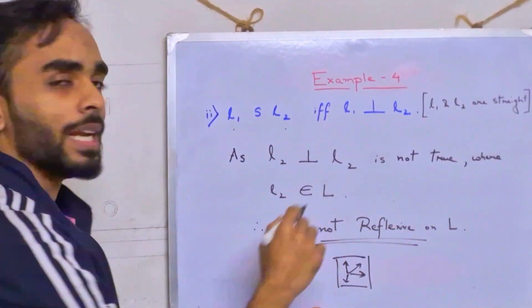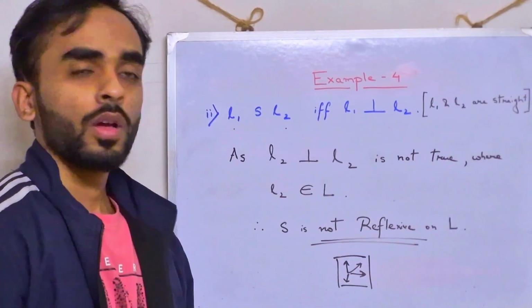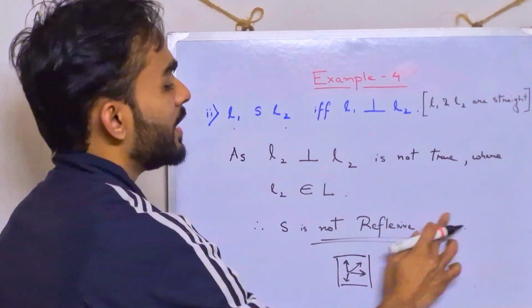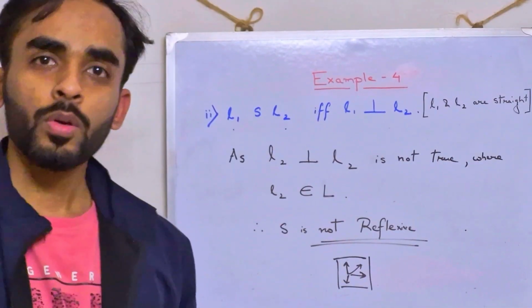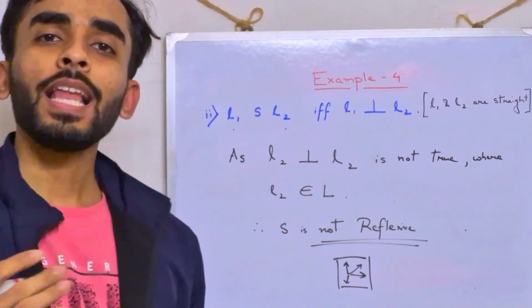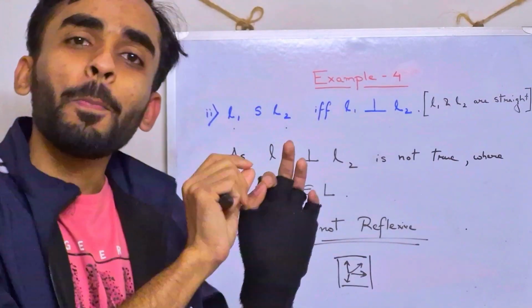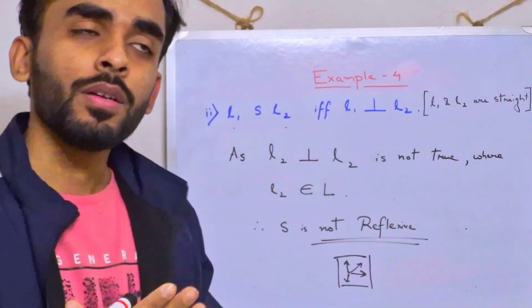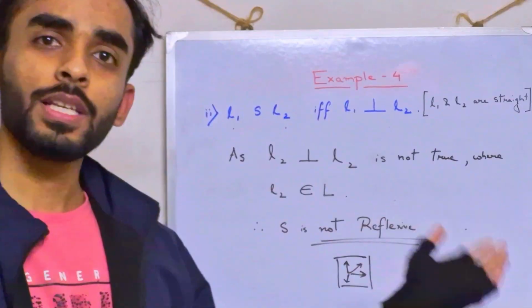That is why we are writing like this. Therefore, it is not reflexive on L. You can write this part or you can also omit this part. These are not important. You wrote this, this is important. Just like the language English or Hindi or Bengali, you don't have to speak perfectly. But if you communicate well, the other person, your teacher, will understand. Same for this language.